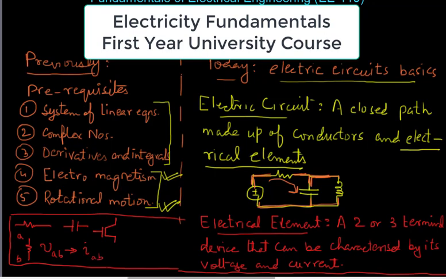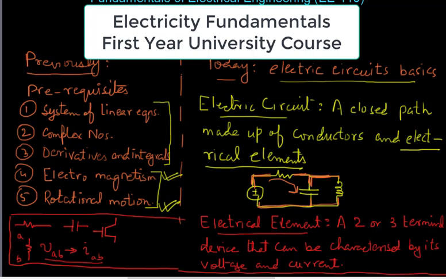Using both the voltage and current, we can find out the equation for the resistor. You already know that equation, that's Ohm's law. So if you can describe the relationship between V and I using an equation, any such device is called an electrical element.